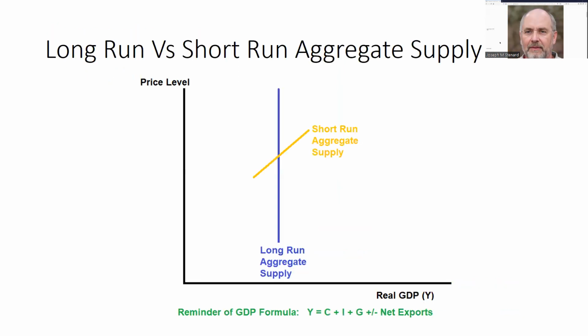But there is a short run aggregate supply curve, which is upward sloping like other supply curves that you're familiar with, because in the short run, our production does change with prices. As the price level rises, that's a signal to suppliers to produce more.